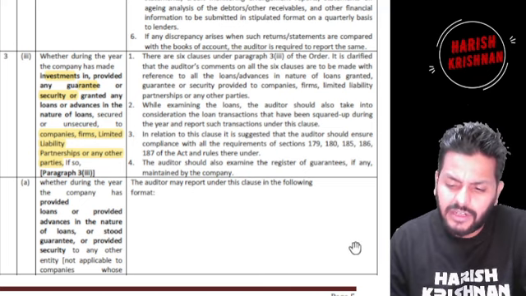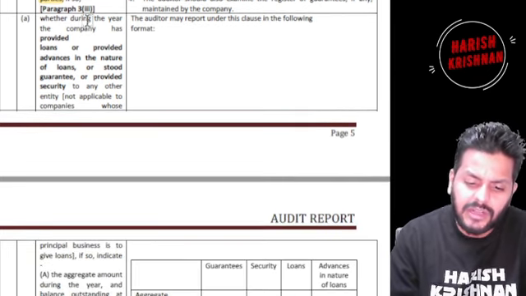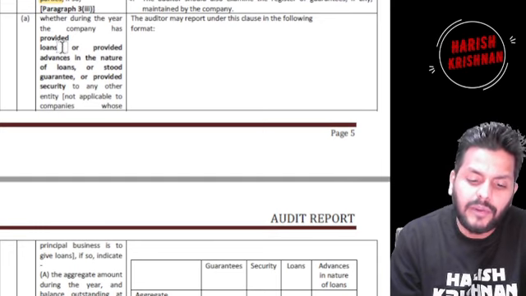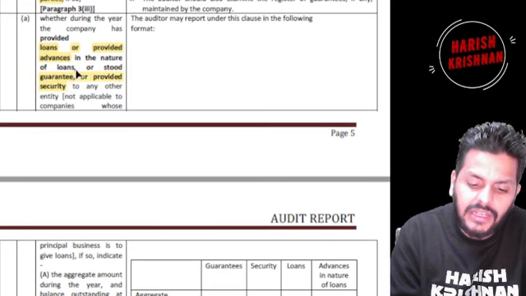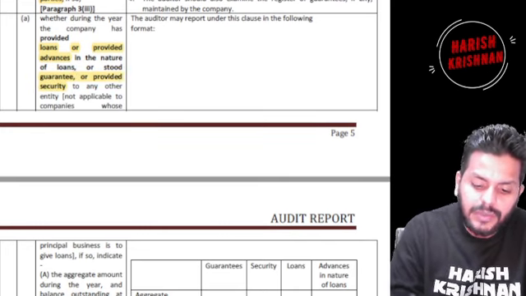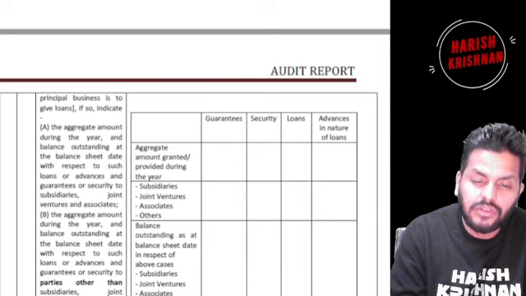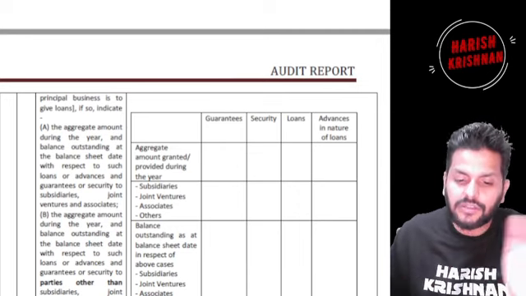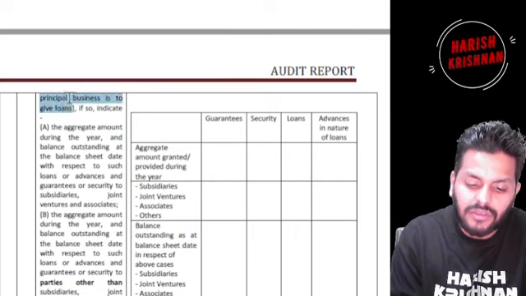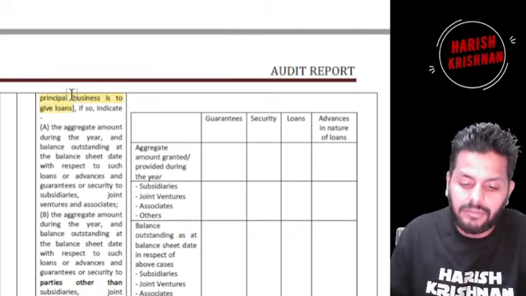The rest of the points are very much similar. The company has provided loans or advances or guarantees to any other entity whose principal business is not to give loans. Obviously, this point is not applicable to those companies that are in the primary business of giving loans, not for them but for anybody else.